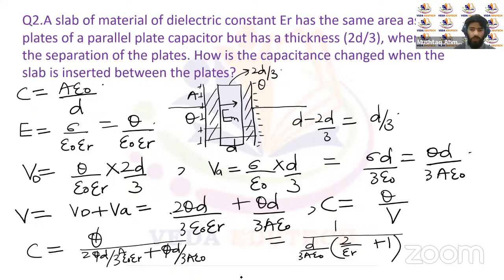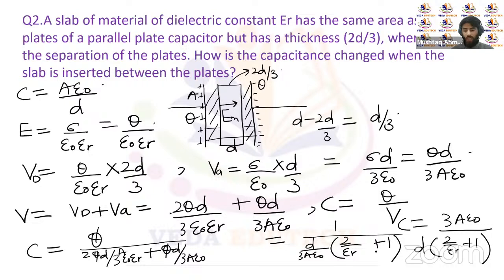So the final capacitance of this capacitor is 3A epsilon naught upon d, multiplied by 2 over epsilon r plus 1 in the denominator, that is C equals 3A epsilon naught upon d times (2 upon epsilon r plus 1). It means the capacitance of this capacitor has increased with the introduction of this dielectric slab.